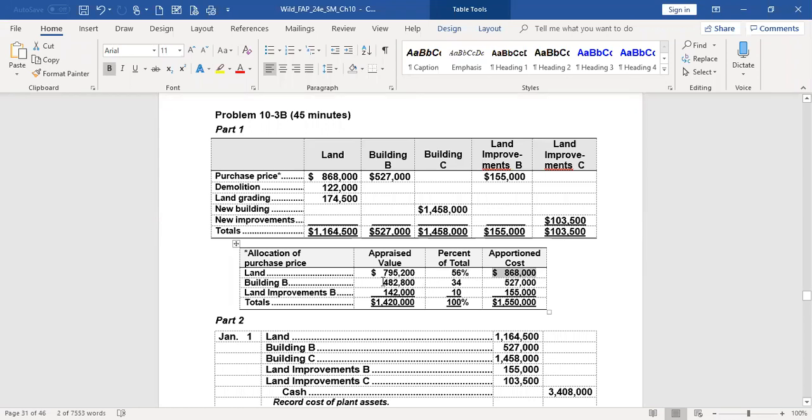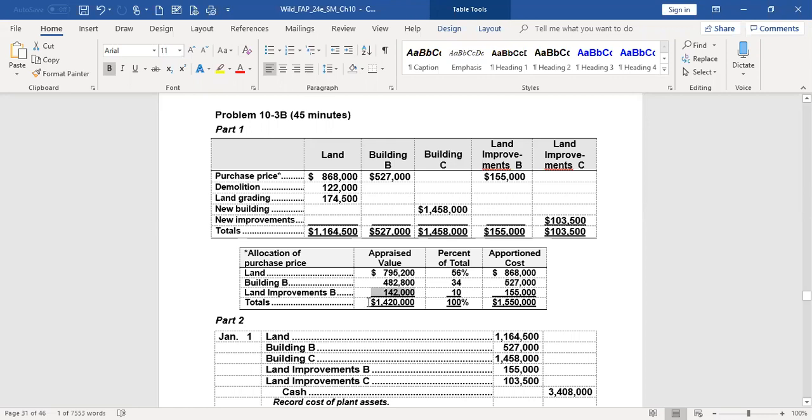Building B, take the fair value of that divided by the total fair value of all three assets. You get 34%. So 34% of what was paid, $1,550,000, would be attributed to Building B. Land improvements, slow down, right, Lori? Land improvements B has a fair value of $142,000.